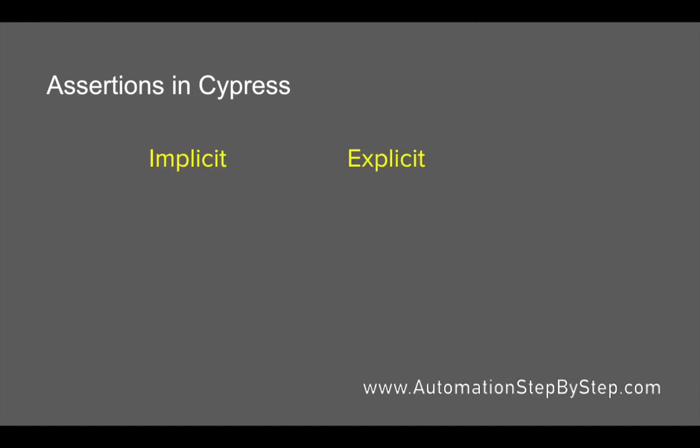In Cypress we have two types of assertions, implicit and explicit. When we talk about implicit assertions, these are inbuilt assertions and we do not have to actually use any assert or expect command. Generally speaking, in Cypress, when you use any command, even get or contains, there is something expected in there.